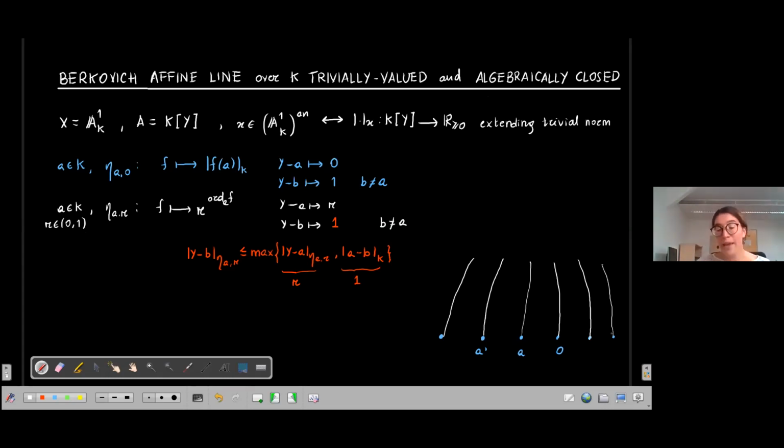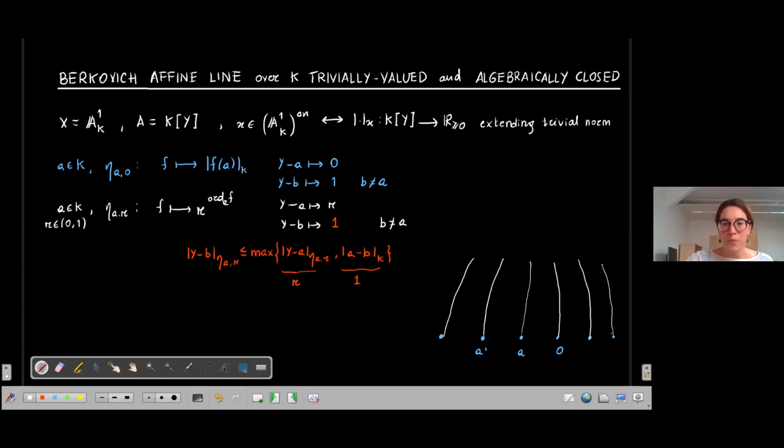And why I'm attaching the interval to the points is because when r is equal to 0, we get back the norm eta a 0. So it's reasonable to attach them to the blue points.